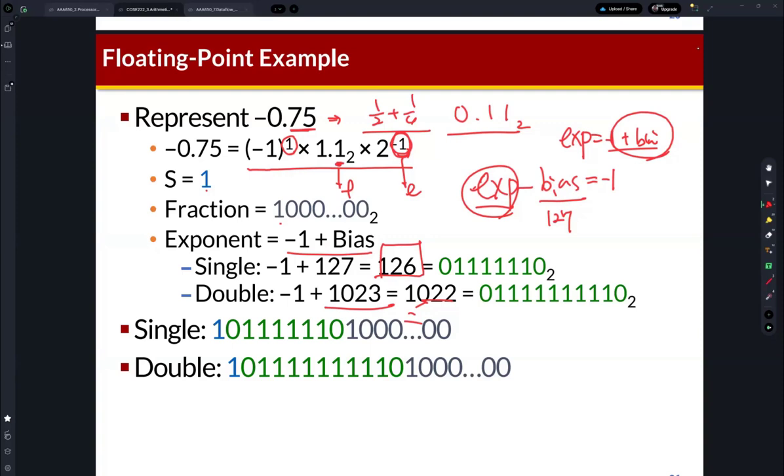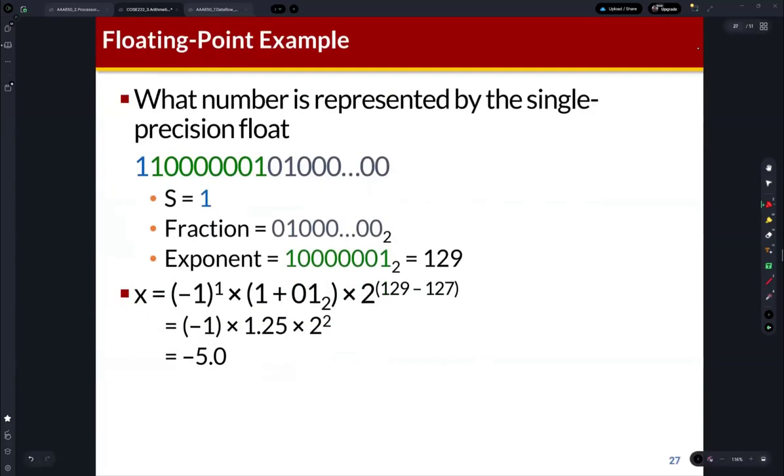So we can convert based on the definition. This is the inverse process: we can also convert the floating point number back to a decimal number. Okay, so this is the example.